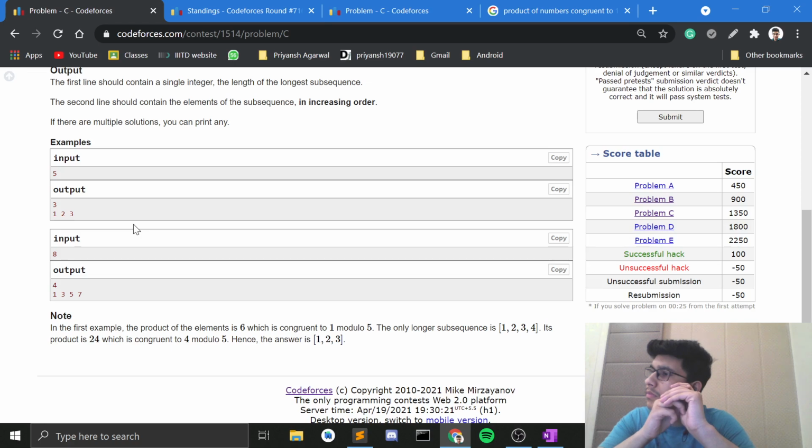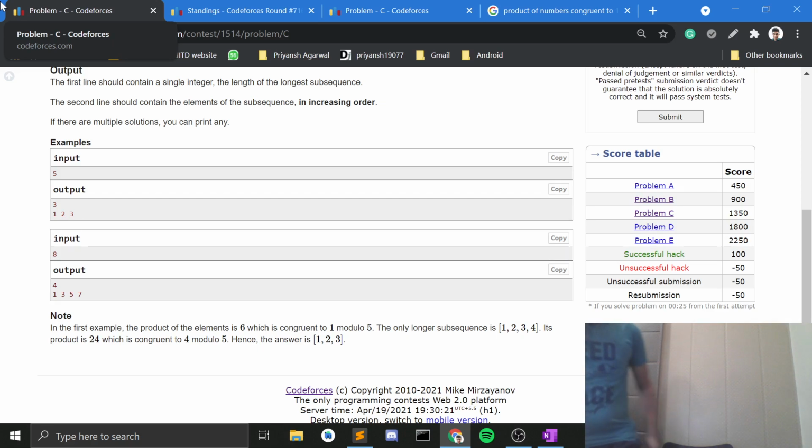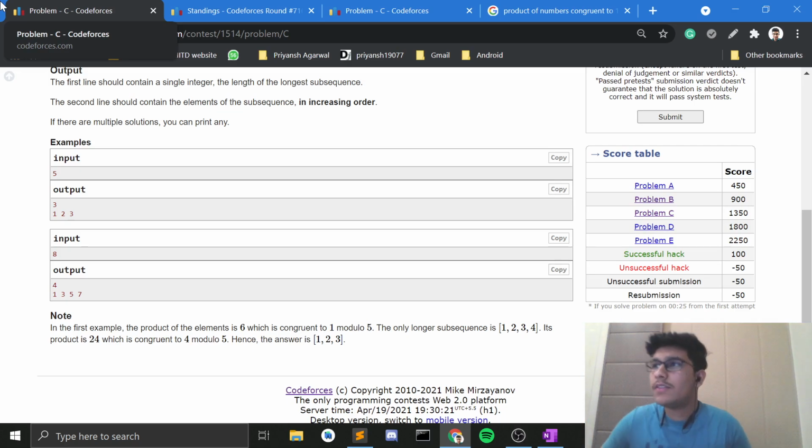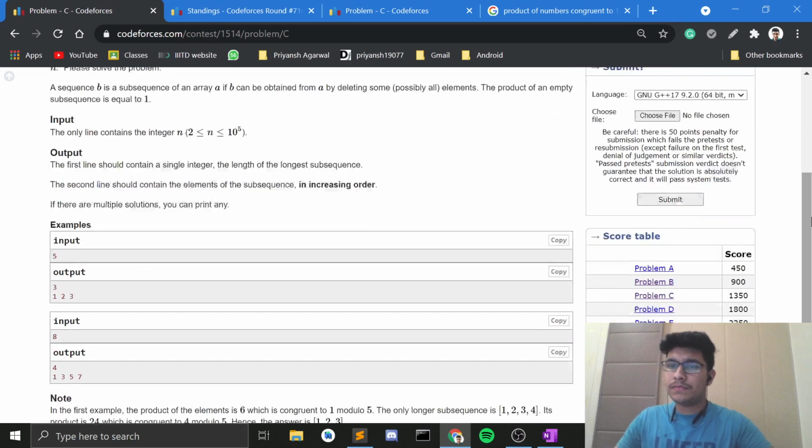Okay, let me think about it. So first of all, the numbers that I have to select should have a GCD of 1 with n, right? Yeah.